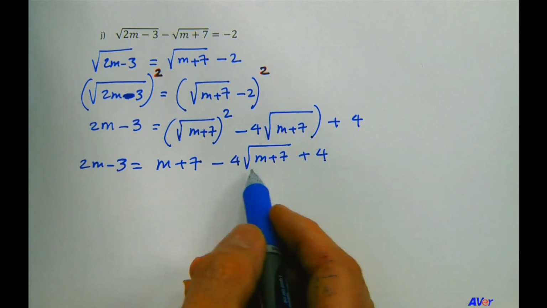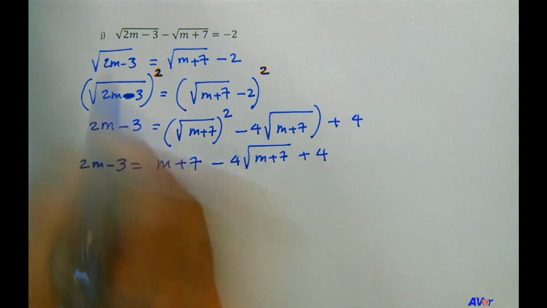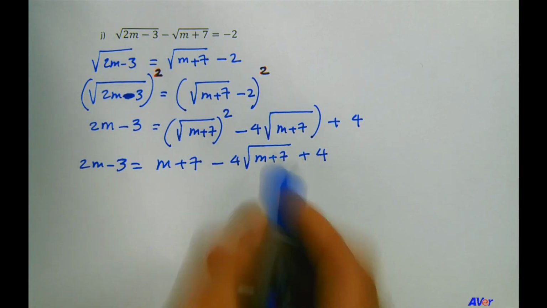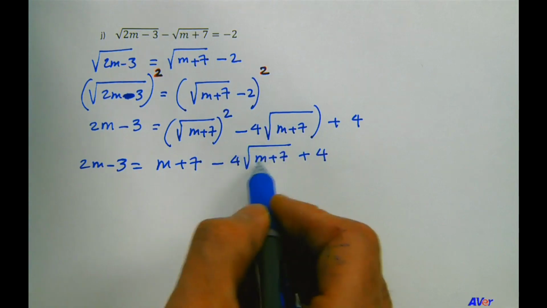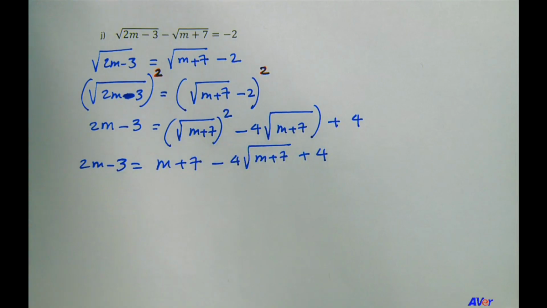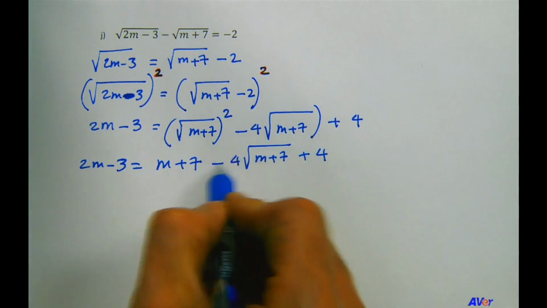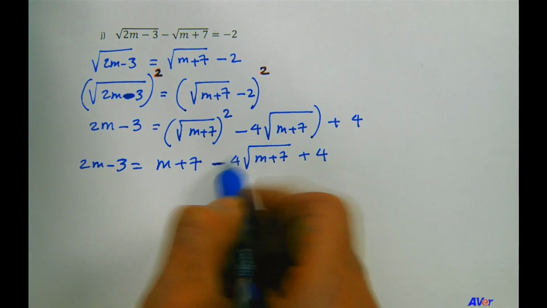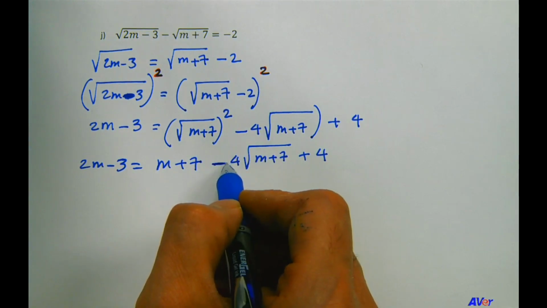Now what do we do? We end up with one radical. We went from 2 radical expressions to 1. What do we do now? Well, we isolate the one radical expression term on one side and move everything else to the opposite side. So because this radical expression has a minus coefficient, I'd like to keep the coefficients positive as much as possible.